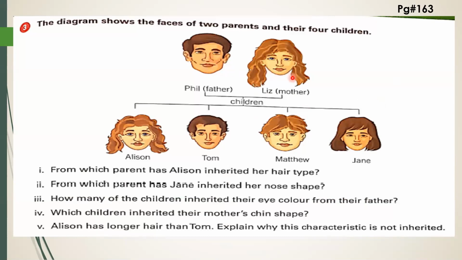She is the mother, and her name is Liz. The 4 children are Ellison, Tom, Matthew, and Jane. We will see this picture and answer these questions.